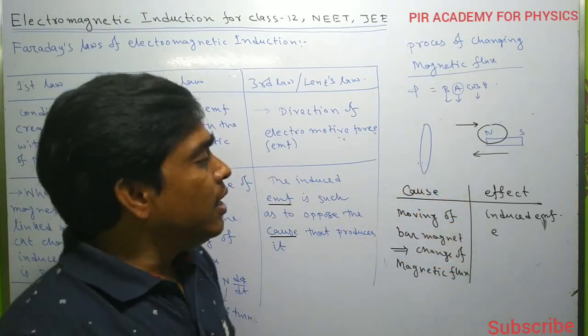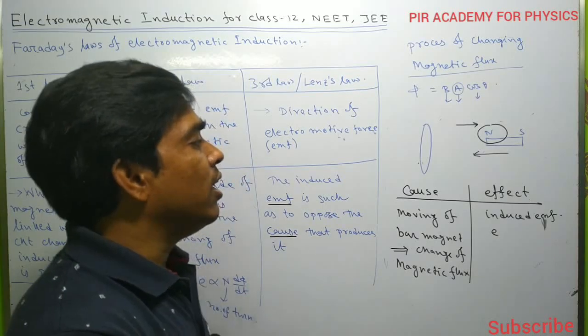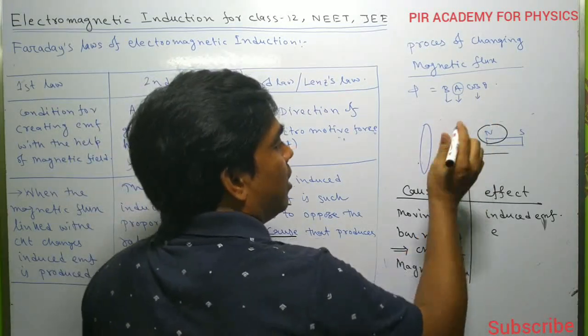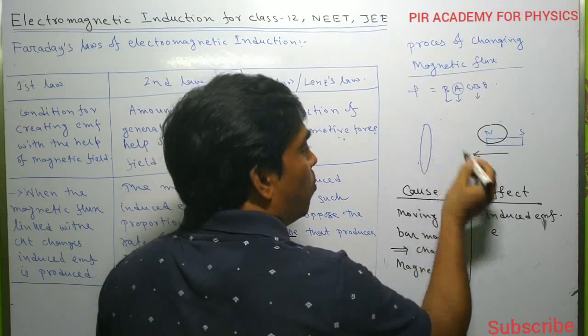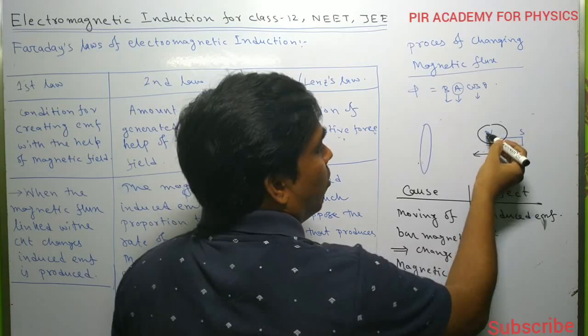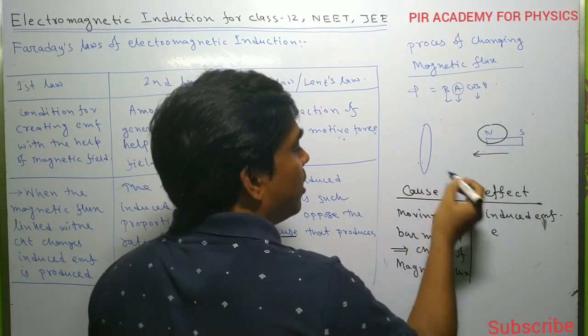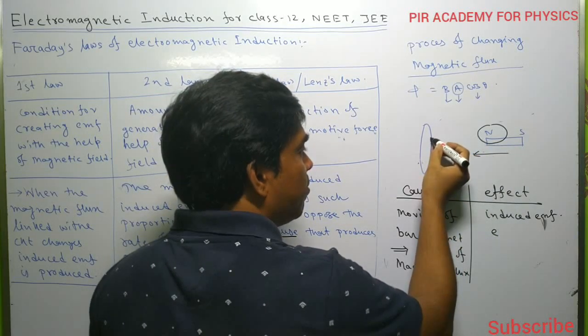So the induced EMF is in such a direction that this induced EMF opposes the movement of this magnet. That means if this is a North Pole, then the loop behaves like a North Pole.